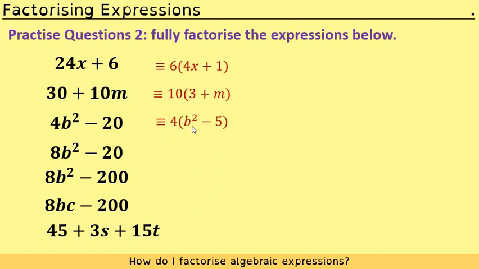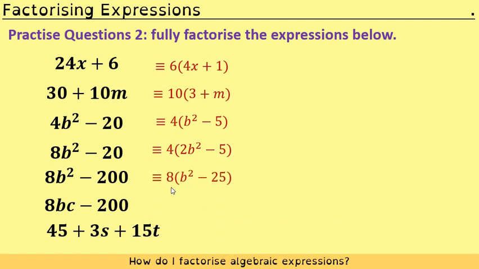Next is 4 bracket b squared take away 5 because 4 is the greatest factor we can take out of both terms. The next is 4 bracket 2b squared take away 5 because 4 is the greatest factor of 8b squared and negative 20.